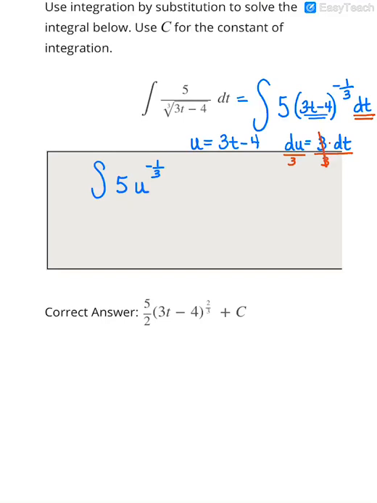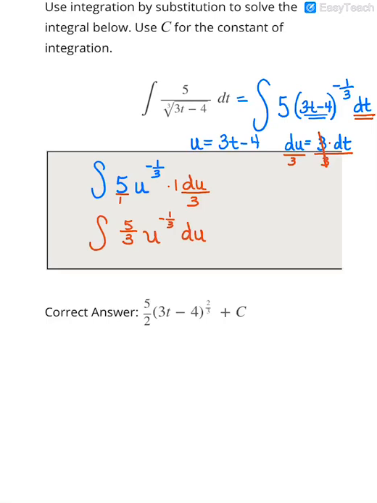So in place of my dt, I am plugging in du over 3. You can think of this 5 up here as 5 over 1, and you can think of this as 1 du over 3. So we could rewrite that as a 5/3, and then we have our u to the negative 1/3, and then we have our du.